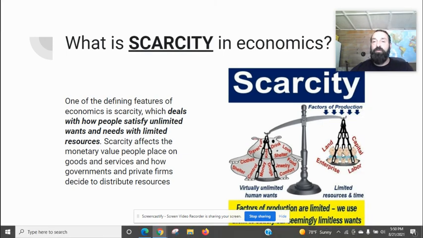When we use our resources here, our land, our capital, our enterprise, our labor as an economy, those limited resources that are expended to produce all of these things create scarcity. So one of the defining features of economics is scarcity, which deals with how people satisfy unlimited wants and needs with limited resources. So scarcity affects the monetary value people place on goods and services and how governments and private firms decide to distribute resources.